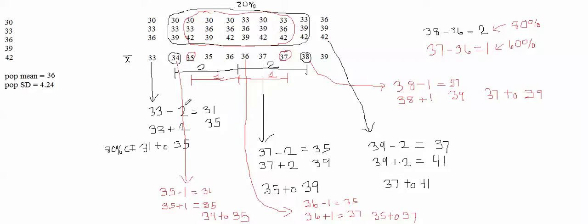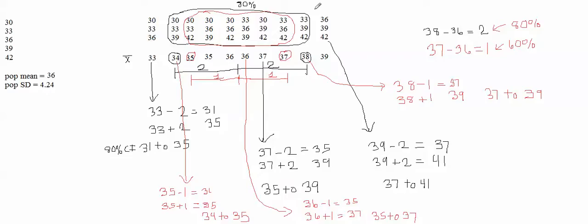The reason why is because if you pick a sample below the middle 60% and you create a 60% confidence interval with it, it doesn't work. It doesn't include the population mean. When we took a sample from the middle 60% in the red circle and created the confidence interval with it, it did include the population mean because 36 is between 35 and 37.